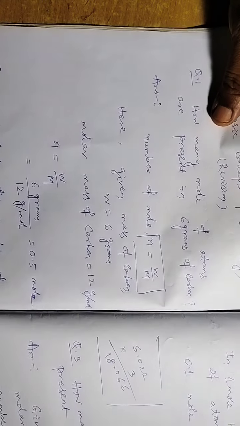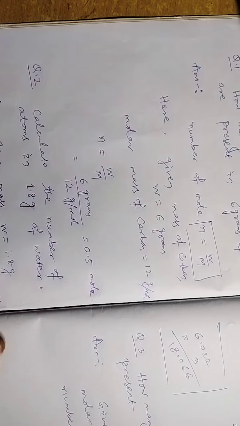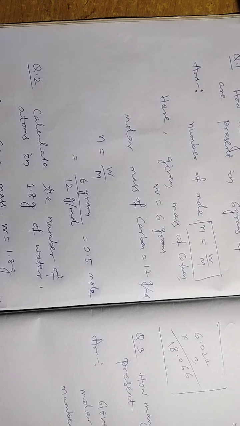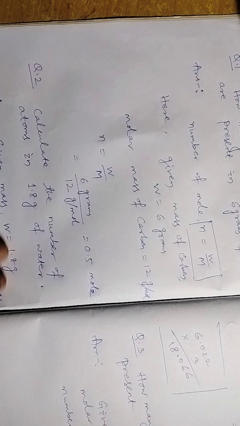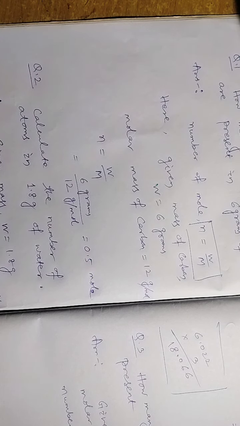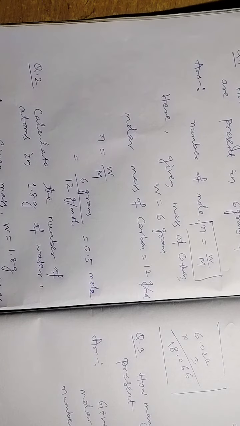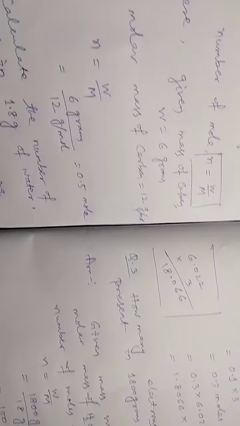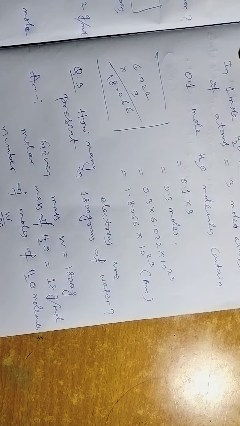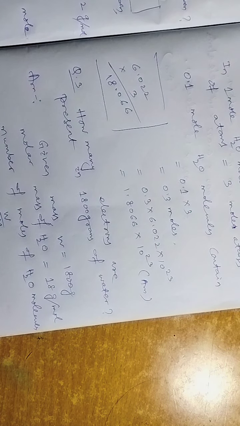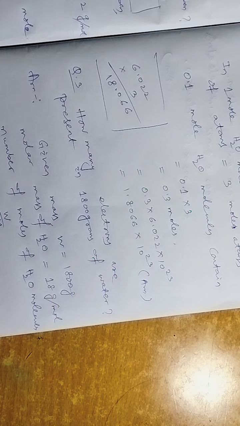The next question, we have to calculate the number of atoms. So type 2 question: if the mass of one compound is given, then we can calculate how many atoms are present in the given mass of the compound. And in the third type of question, we have to calculate the number of electrons. Here 18 grams of water is given, and first we have to calculate how many water molecules are present.